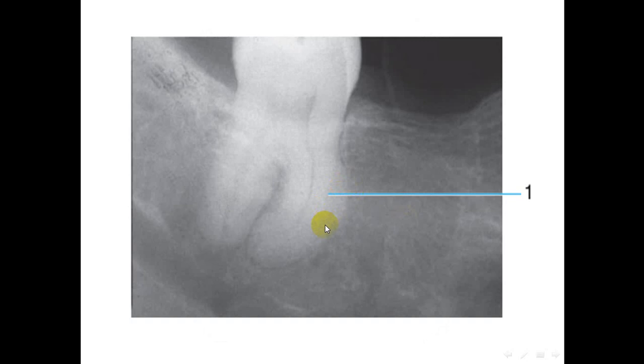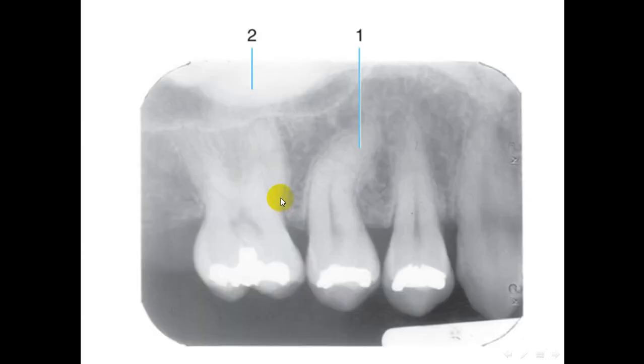Here we see there is a bulging in the root of the tooth, which is called a bulbous formation. It is a bulging in the tooth caused by overgrowth of the cementum on the roots of the molar.